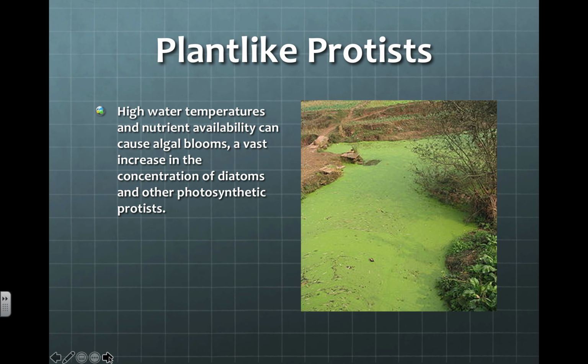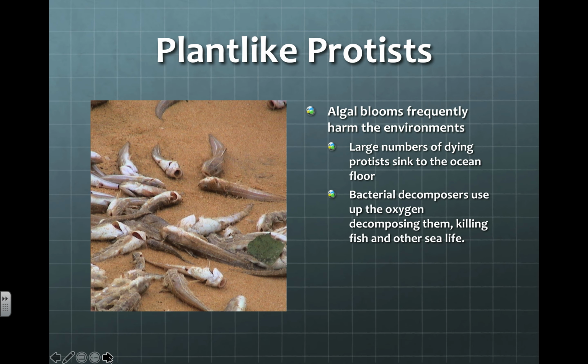Now, they're going to be reproducing asexually, and what happens is they over-reproduce, and it ends up being pretty harmful to the environment because you have a lot of fish that are going to be gobbling up this algae, and the diatoms, and in the long run, it's not good for them, and they can end up dying. And of course, they can cause a lot of toxins in the water just from them dying.